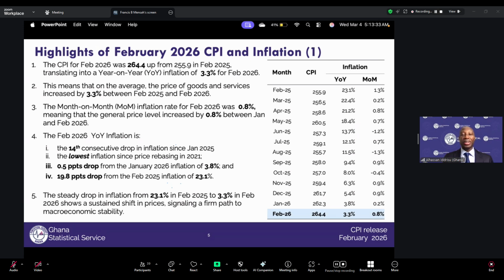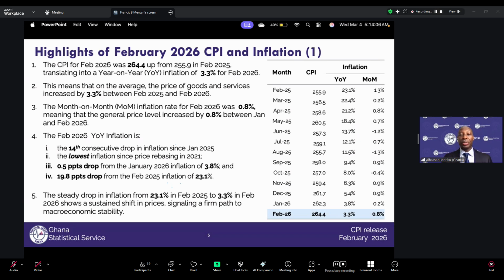This means that, on average, prices are 3.3% higher in February 2026 than they were in February 2025. Now, this is 0.5 percentage points down from the 3.8% inflation recorded in January 2026. It is 19.8 percentage points down from the 23.1% inflation recorded in February 2025, that's a year earlier.